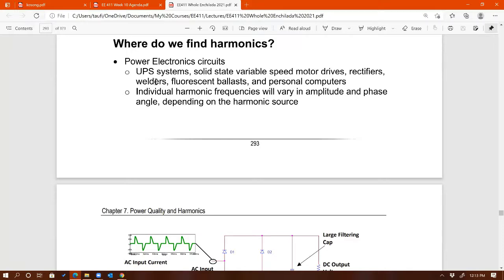So power electronic circuits are one of the major sources of harmonics, such as uninterruptible power supply systems, motor drives, rectifiers, filters, fluorescent ballasts, and power supplies powering PCs. And the harmonics themselves individually will vary in amplitude and phase angle depending on the harmonic source.